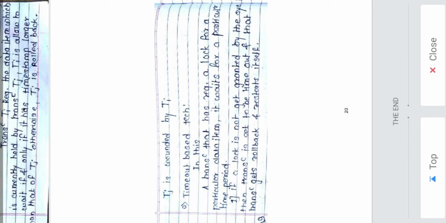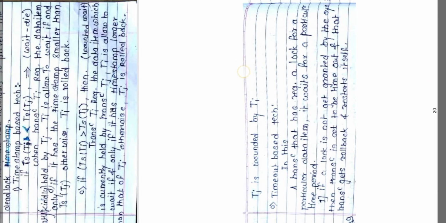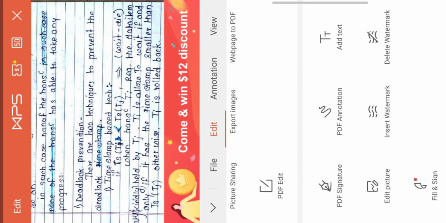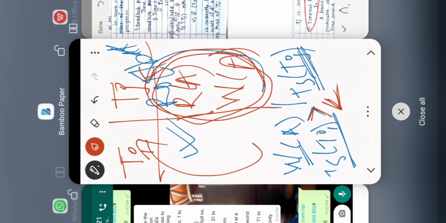As the name itself suggests, it is called the timeout based technique. In the timeout based technique, what happens? I'll show you with the help of an example.